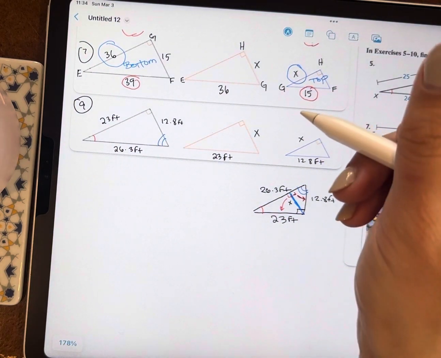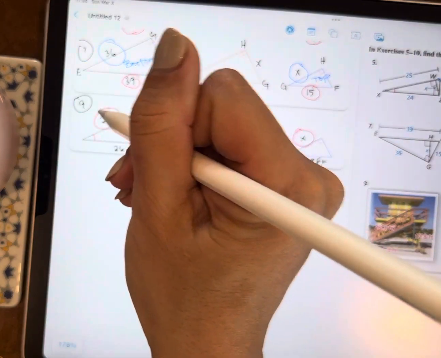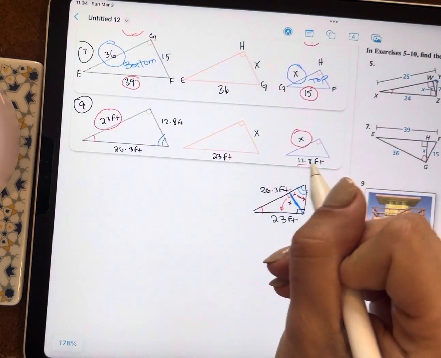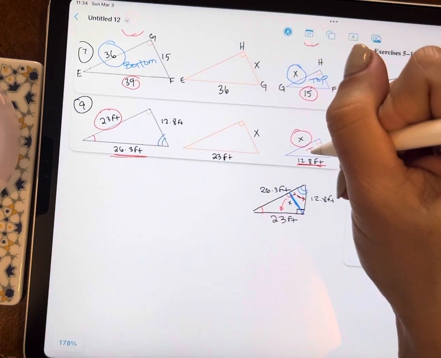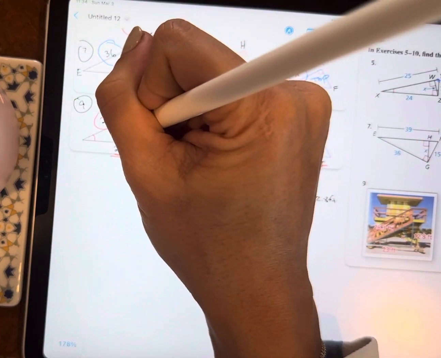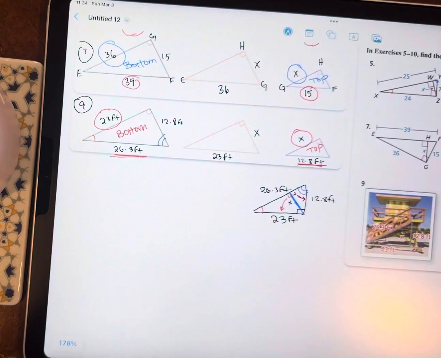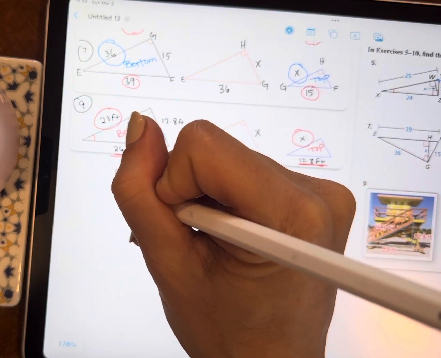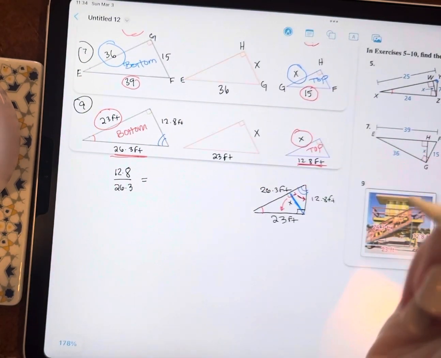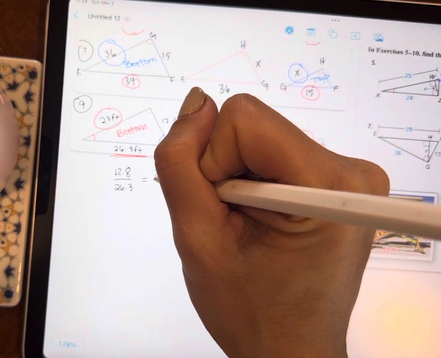Now I can see that I can relate x to 23 and 12.8 to 26.3. I am choosing this for top and this for the bottom. So I will get 12.8 over 26.3 equals x over 23.